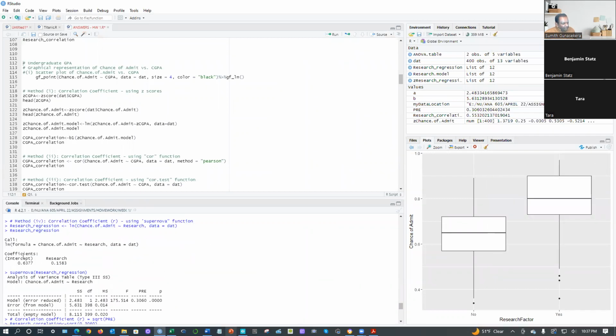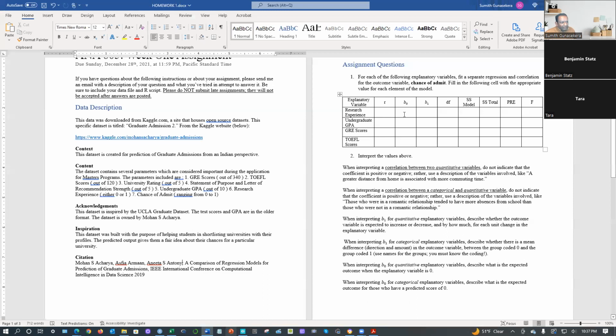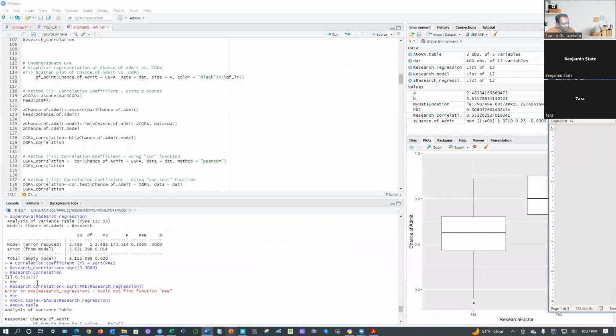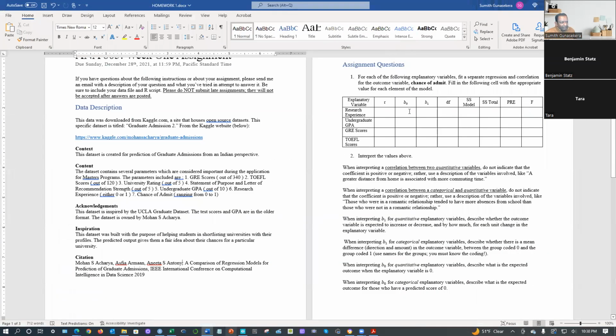In this model B naught is 0.6377, but B1 is 0.1583. And this one, R, we calculated R in so many ways. It's 0.5532 if you round to 4 decimal places. B0 you know, B1 you know.